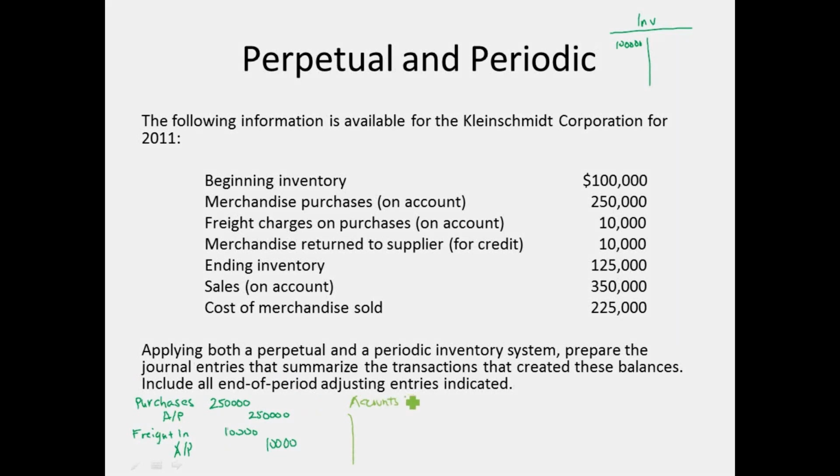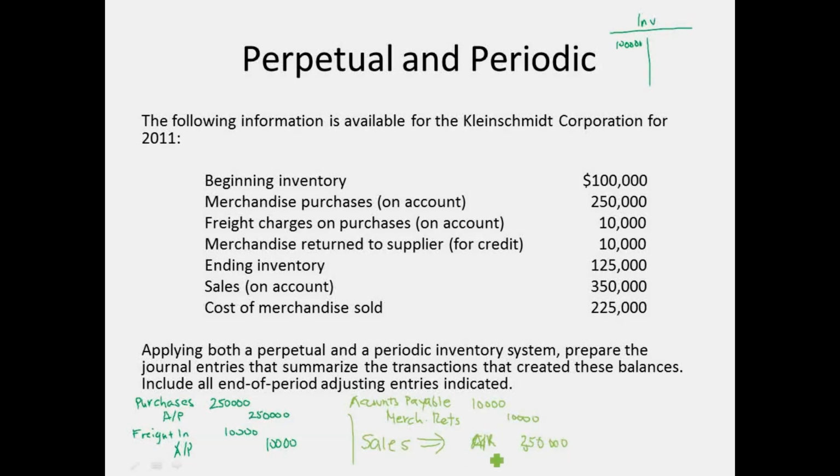Accounts payable, merchandise returns. And then sales are the same as they were before. What did I get? I get it on accounts receivable.